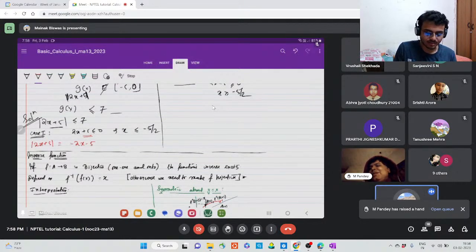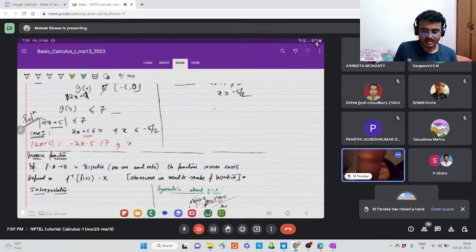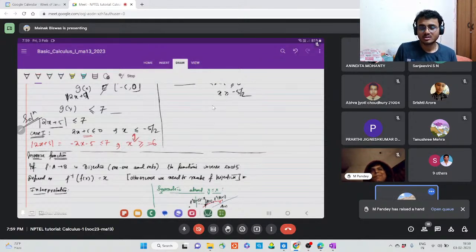So I'm just telling you, this is correct, right? Minus 2x minus 5. Does anyone have any doubt regarding that? So this is less than 0, so I put a minus sign to make it positive. And that is less than 7, which means x is greater than or equal to minus 6. So what would be the intersection of these two sets?